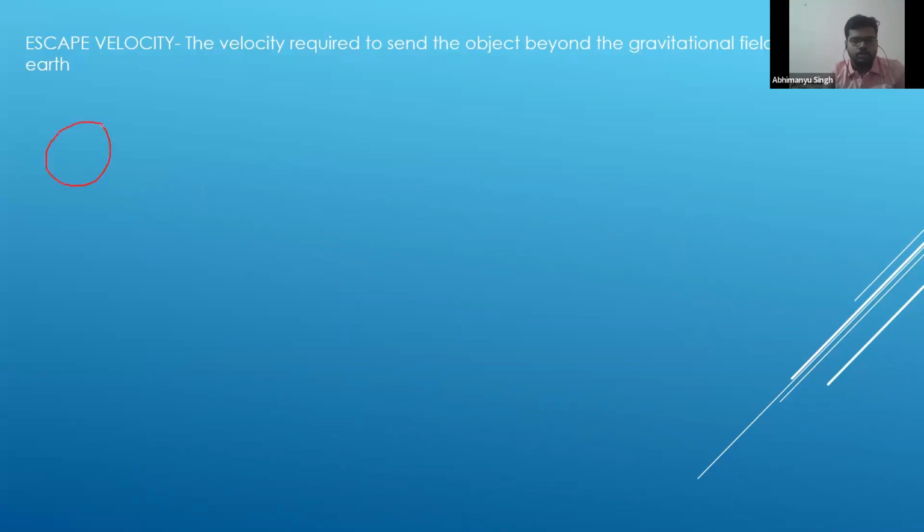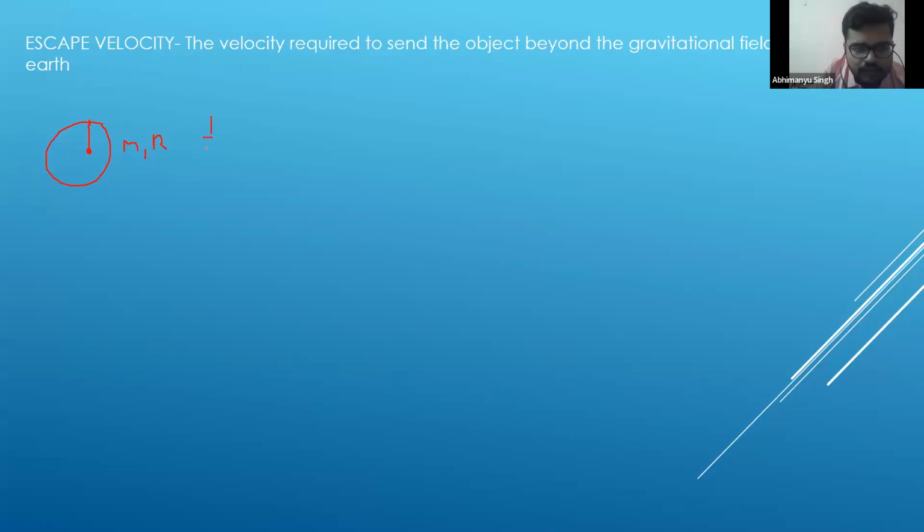Suppose this is the Earth with radius Re and mass M. Here is the object. We want to send it very far, and suppose it reaches there with zero velocity in the optimum case, that is, we give it the bare minimum energy at which it reaches there at zero velocity.